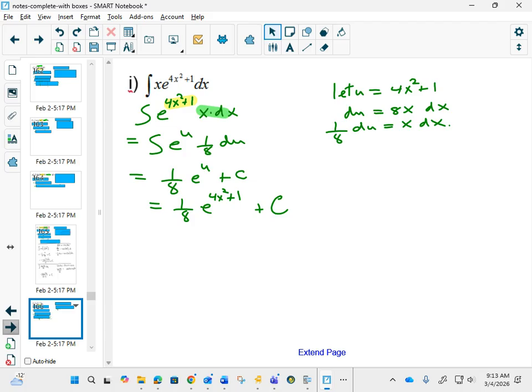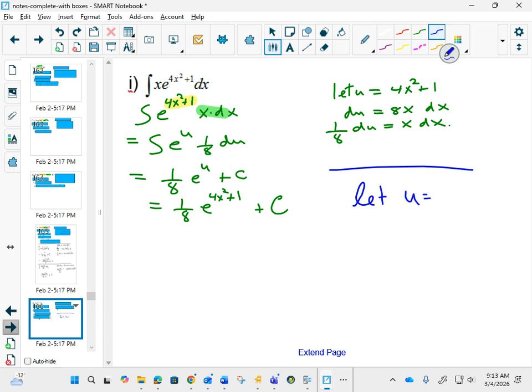Generally, someone might say, could I get a similar result if I just made the u the 4x squared? The answer is yes, you can try it. But if you have an inside function, it usually makes sense to make your u all of the inside function, not part of it.